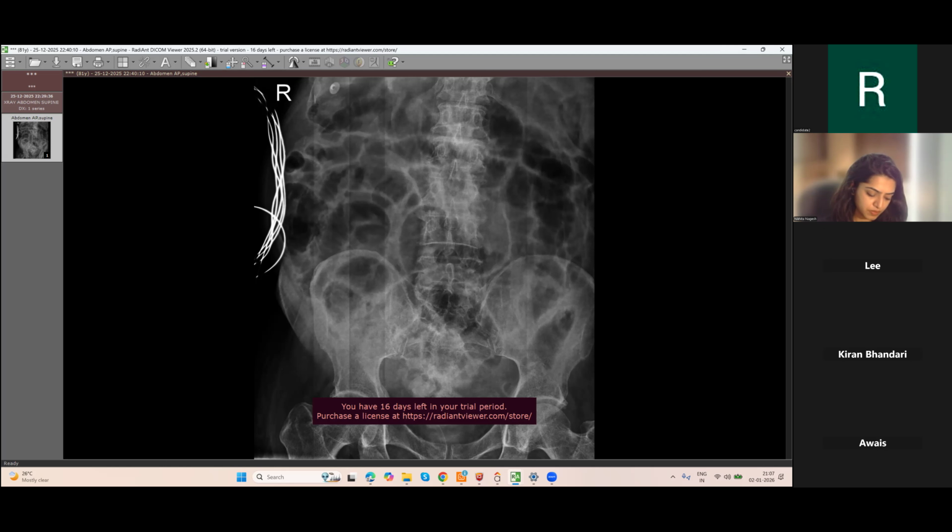I cannot see definite free air. There are degenerative changes within the spine. So the thing that I can see is a small bowel obstruction, and it's an emergency. I would urgently inform the referring doctor, and this patient needs further evaluation with CT abdomen and pelvis to look for the cause of the obstruction, and urgent surgical referral.